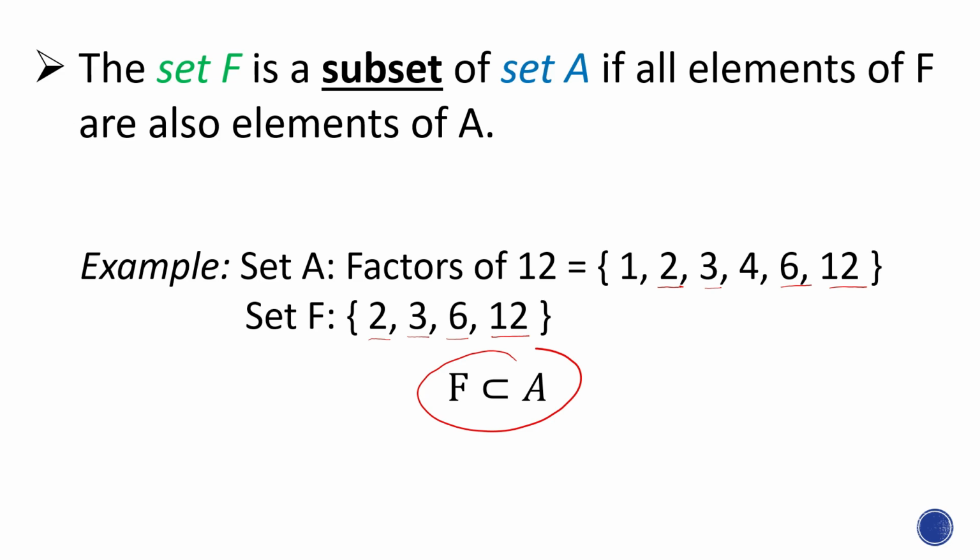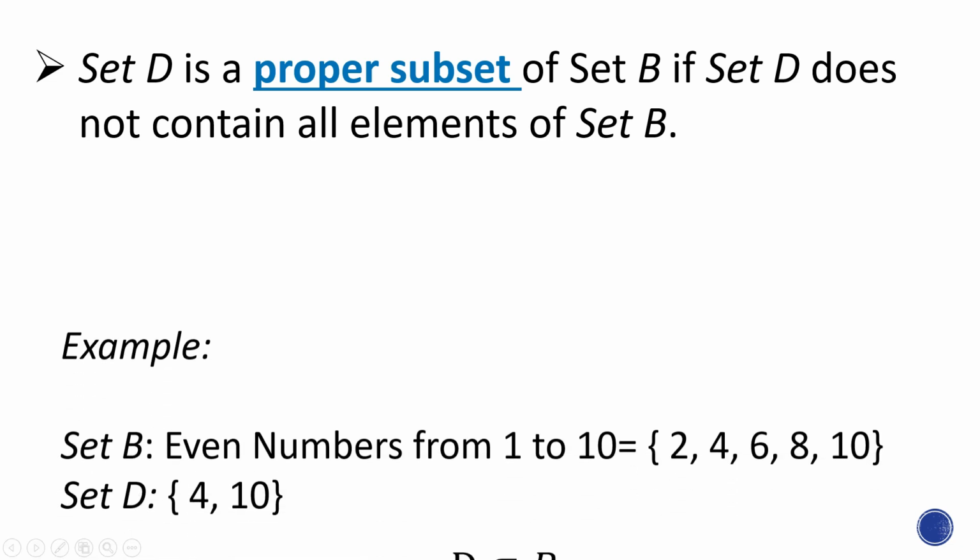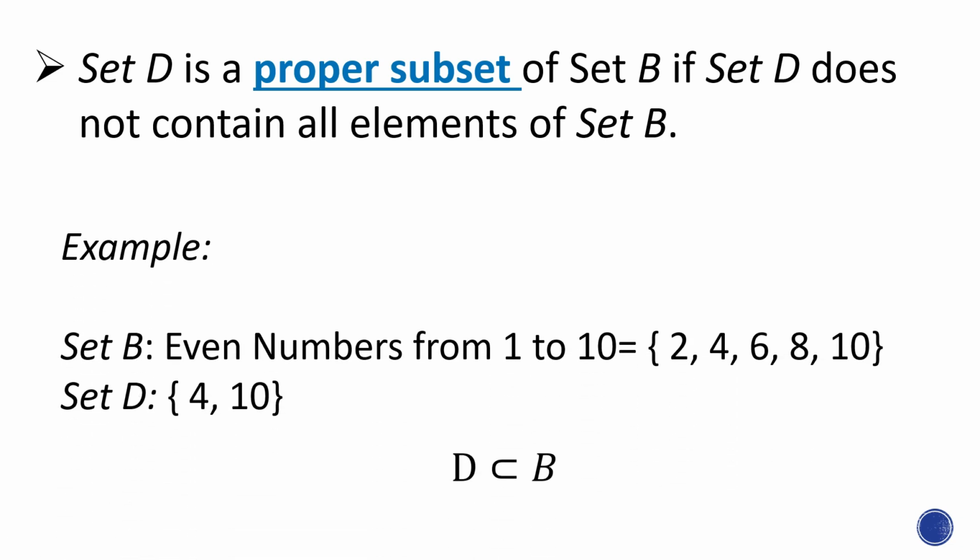All right. Now, there are two different types of subset. And the first one is what we call a proper subset. Okay, so how do we define a proper subset? Set D is a proper subset of set B if set D does not contain all the elements of set B. Okay, so for example, here, even numbers from 1 to 10: 2, 4, 6, 8, 10, and then we have a set B and it has two elements only, 4 and 10.